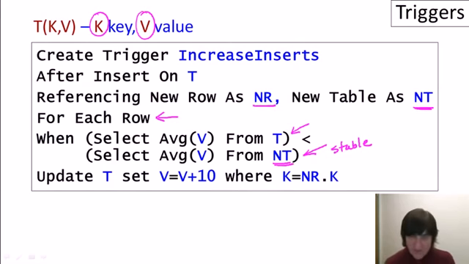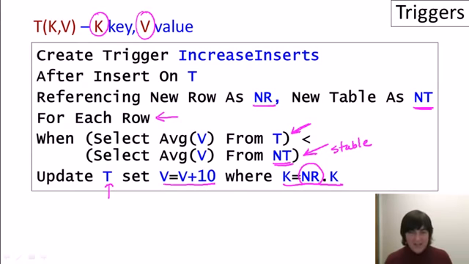NT is always set to the set of inserted tuples. Okay? So we check whether T's average is less than the NT average, and if it is, then we're going to modify the tuple that was inserted. So we're going to update T, and we're going to set the value to be V plus 10 for the tuple that we're currently processing. In other words, the tuple whose key is in new row.